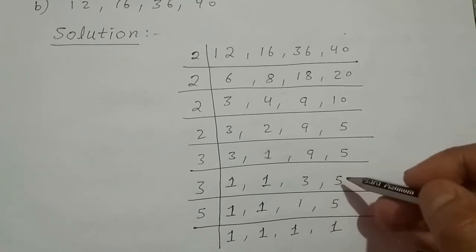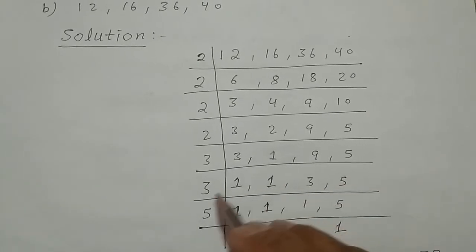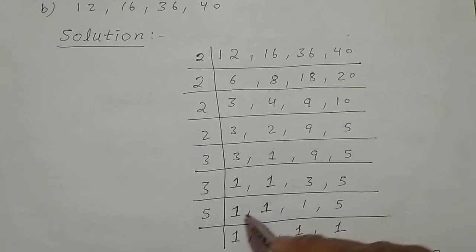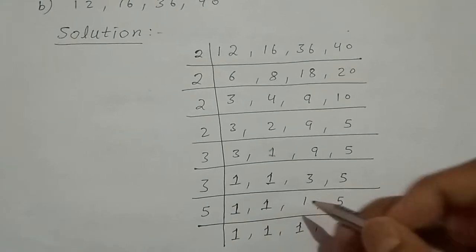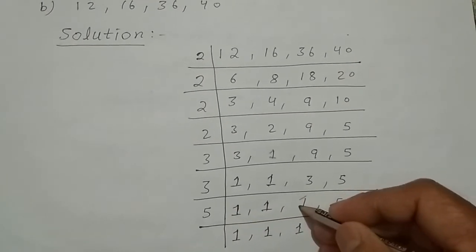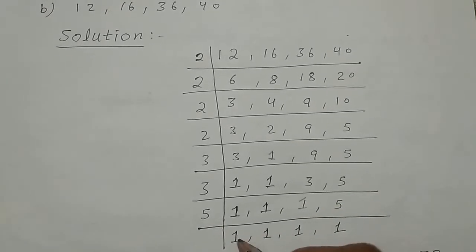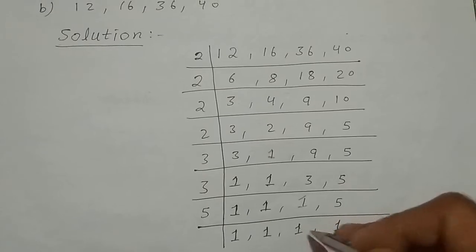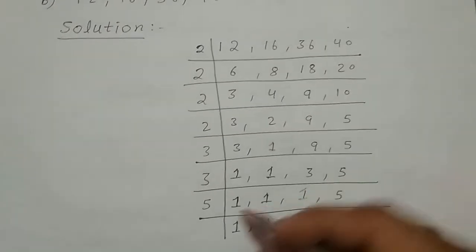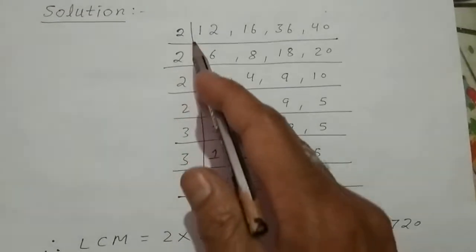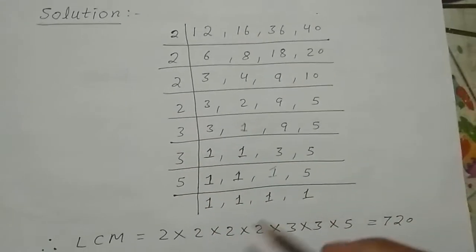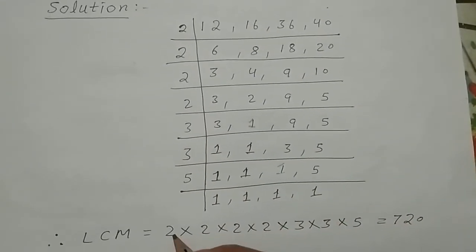3 into 3 is 9. We will write 5 as it is. 1 as it is, 1 as it is, 3, 1, 3, 5. Now 5, 1, 1, 1, 5. Now we multiply all the prime factors and we will get our LCM.